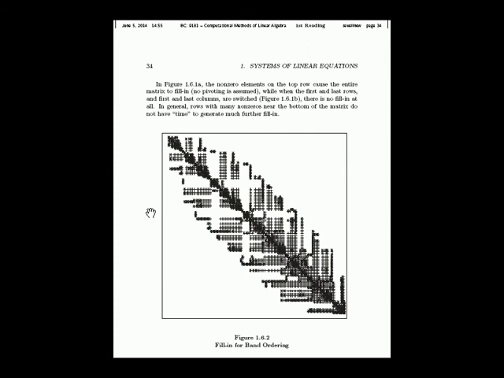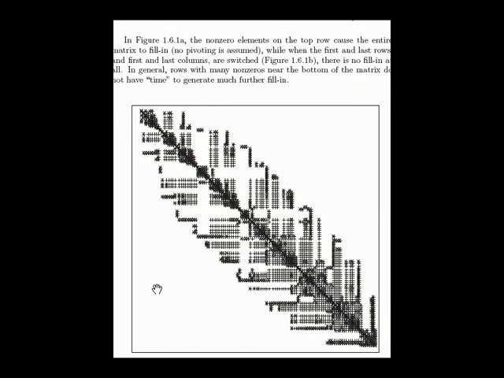And to see that it might be possible to do better than a band solver, here's a typical band matrix. The x's are non-zero originally, and the pluses fill in. Look a little more closely here. So this is a typical band solver. Everything outside the band is zero and stays zero because we're not going to do pivoting in this case.